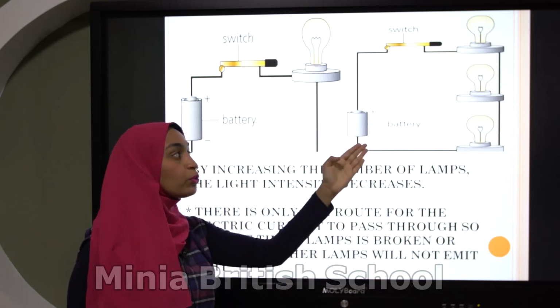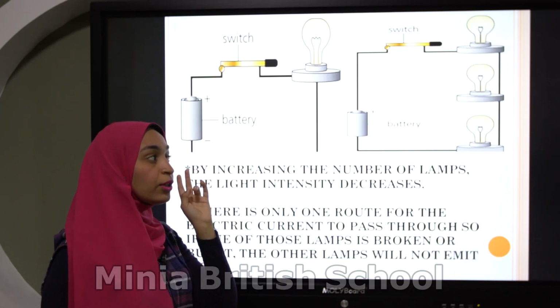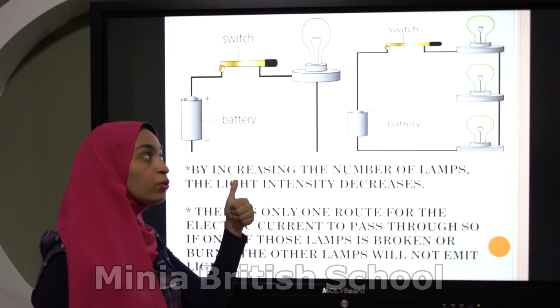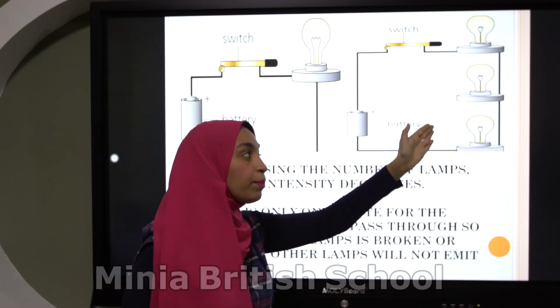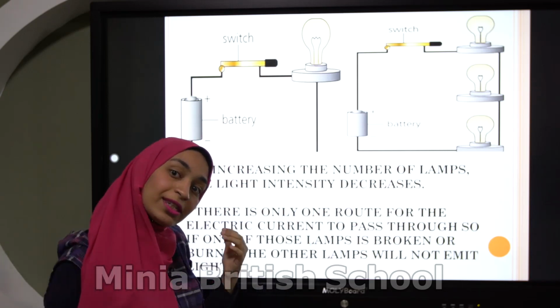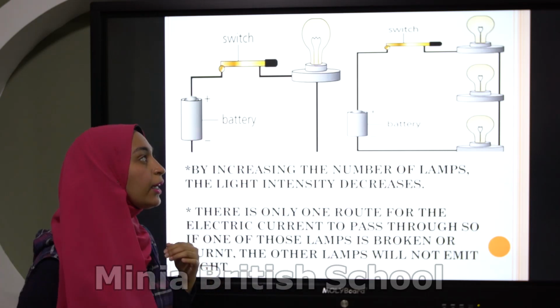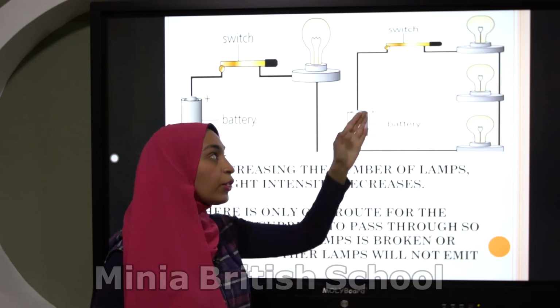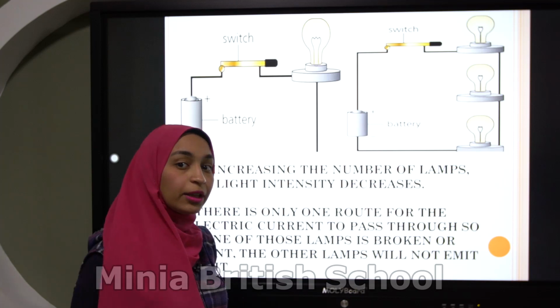So from those figures we conclude two things. The first conclusion tells us that in a series connection, by increasing the number of lamps, the light intensity decreases. And if one of those lamps is broken or burned out, the other lamp will not emit light. Why?